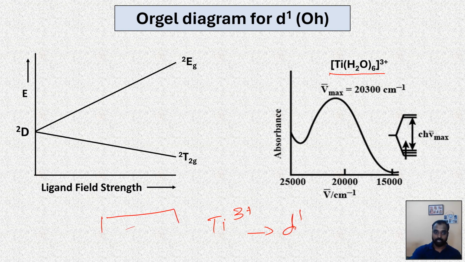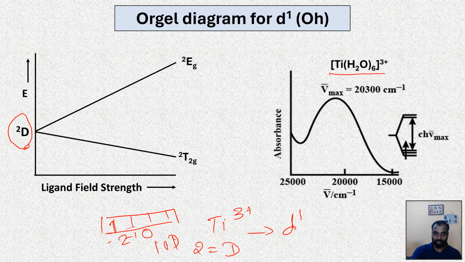For the d orbitals we have ml values 2, 1, 0, minus 1, minus 2, and the d1 electron gives the total angular momentum, the modulus of L, equal to 2. It is denoted by the symbol 2D. For a free metal ion the term symbol is 2D, that is the spin multiplicity is equal to 2 because there is only one electron present.